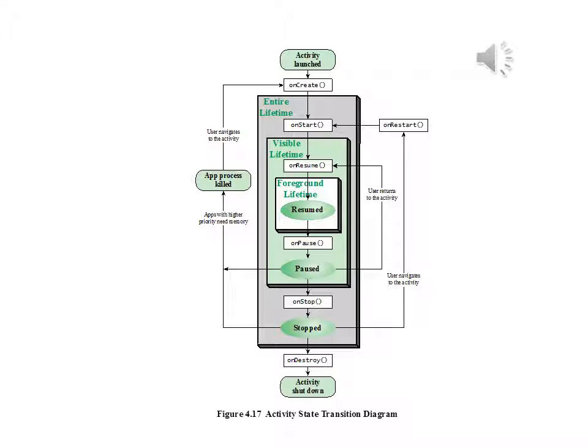If the user leaves one application to go to another, for example by going to the home screen, the currently running activity is paused and then stopped. When the user resumes this application, the stopped activity, which is on top of the backstack, is restarted and becomes the foreground activity for the application.